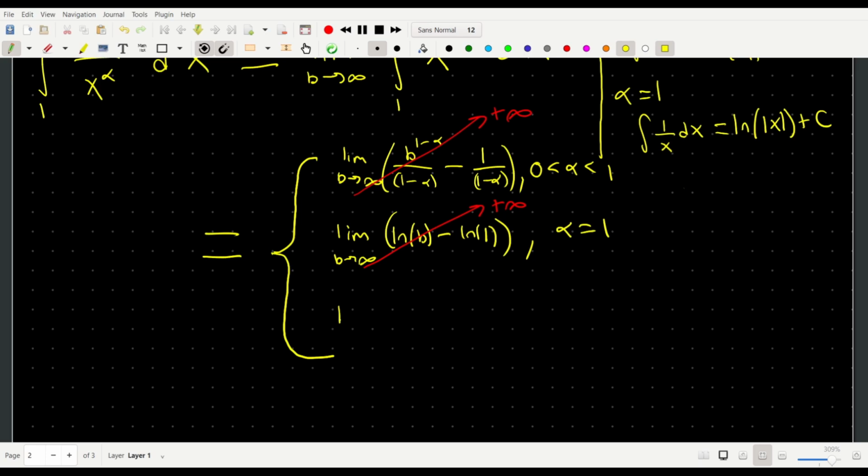However, this final case where alpha is strictly greater than 1 is going to yield for us something very nice.